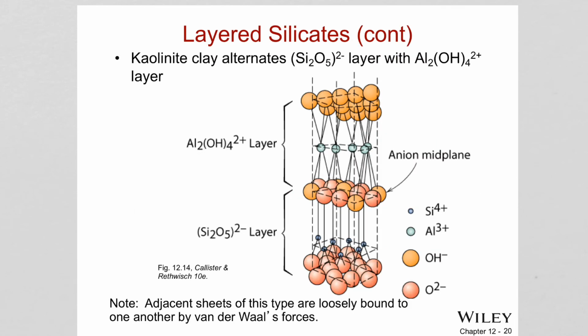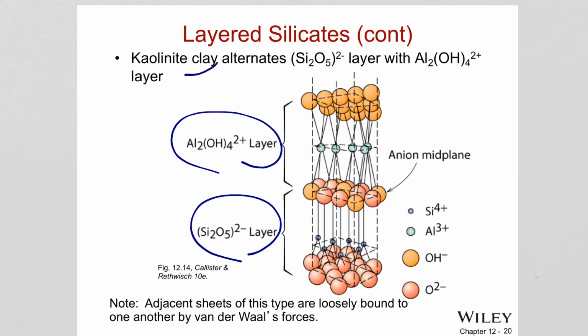Okay, here it is shown to us where we have this layer here. Negatively charged, it is compensated with a positively charged aluminum hydroxide layer, and this is forming kaolinite clay, and they are loosely bound to one another by van der Waals forces.